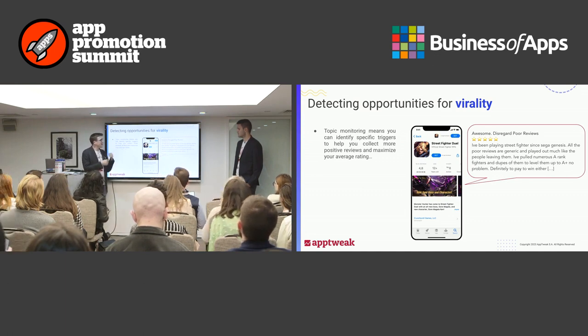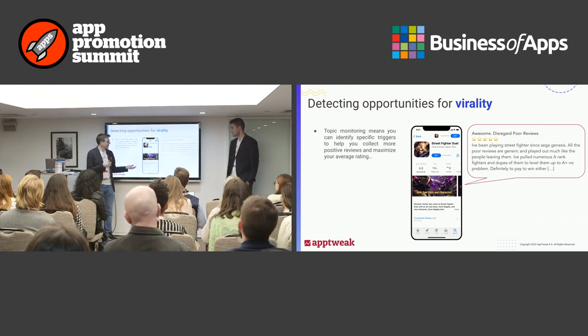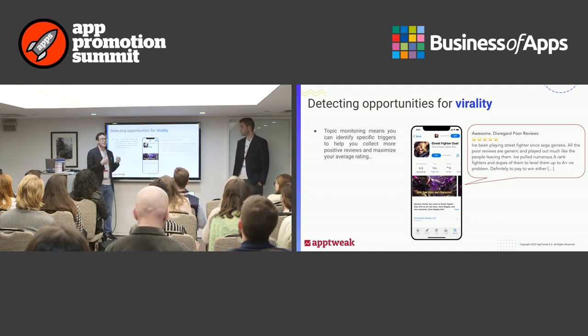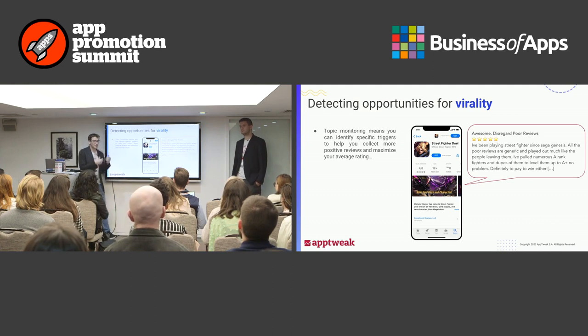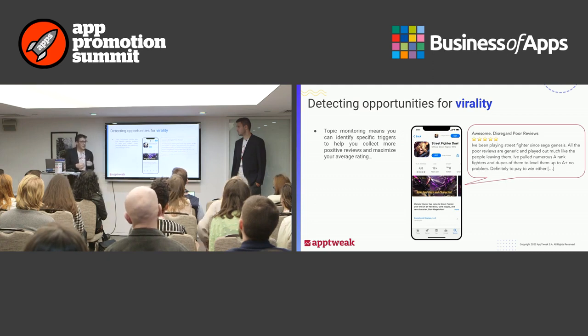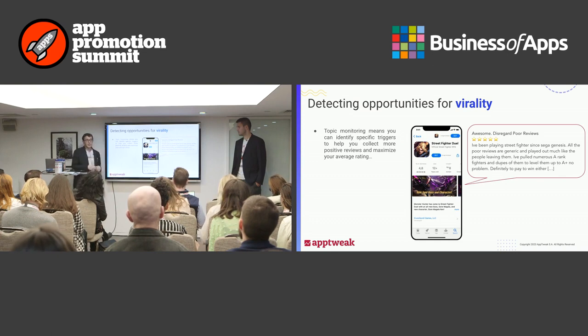One thing is, look at what people talk about. Here for Street Fighter Duel, they actually talk about how it's really cool to get new fighters, new characters in the game. That to me means that cool tip for Street Fighter is whenever someone gets a new character, show them a rating prompt saying, hey, do you find our app is cool? Because most of them will.